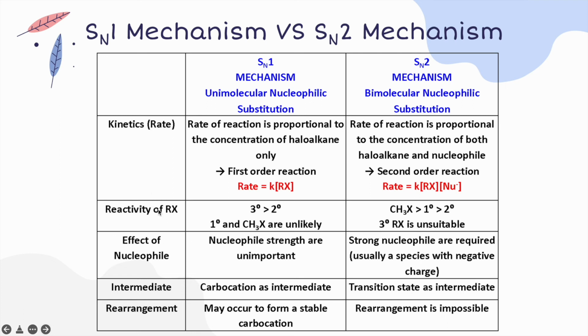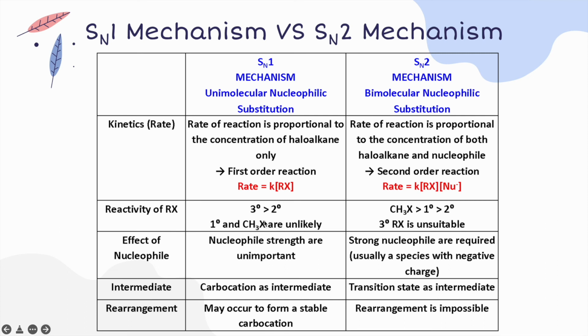For reactivity of haloalkane, SN1 prefers tertiary haloalkane, and secondary if it can do rearrangement. If it cannot do rearrangement, it maintains the secondary haloalkane, and it can undergo SN1 mechanism as well if the nucleophile is weak.